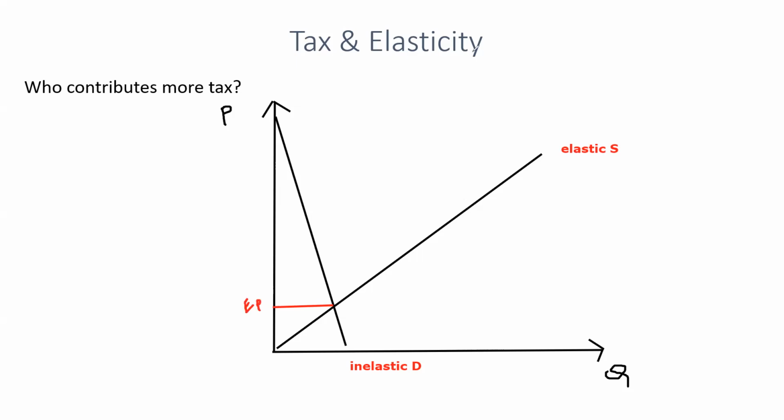Okay, so let's see what happens as a result of the tax. Supply curve is shifting to the left. This is my new supply after the tax. Okay, check out what's going on. Ready? So I'm going to draw this line here.